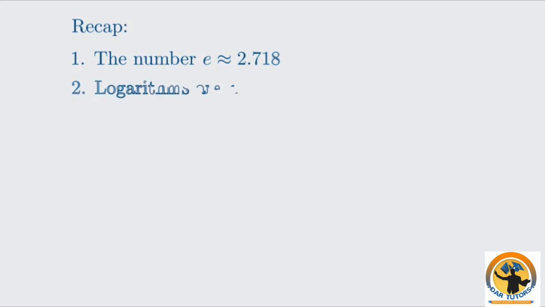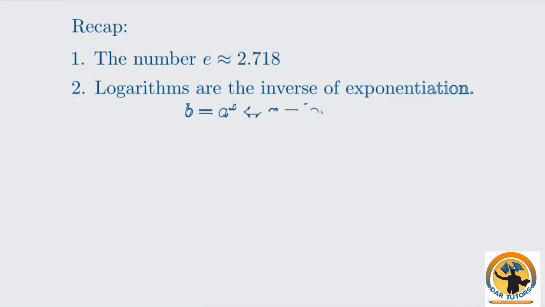Let's recap what we've learned today. We started by introducing the number e, an important irrational constant that arises from continuous growth. We then defined logarithms as the inverse of exponentiation, allowing us to solve for unknown exponents. We learned the key conversion rule between exponential and logarithmic forms.